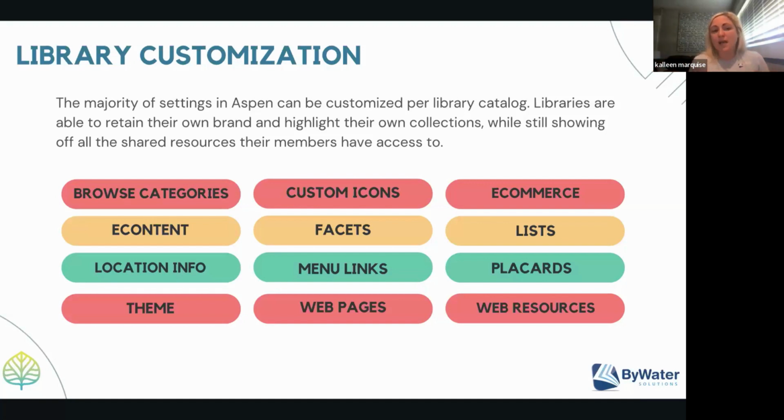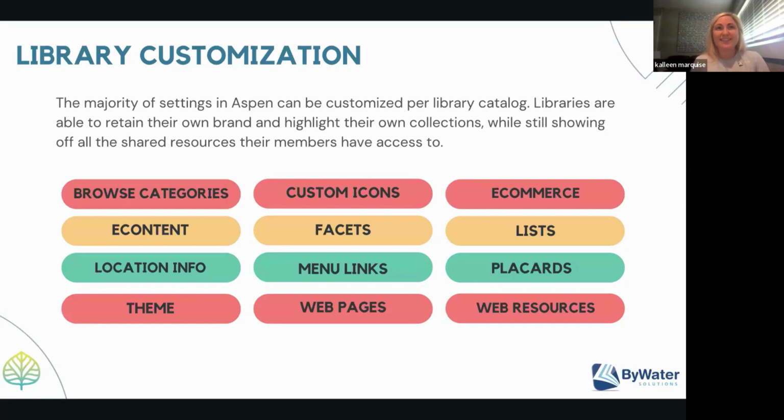Things like browse categories, the theme, different e-content, and we'll look at that more in a bit. Obviously your branch and location information. So how do I get to this library? Different menu links and things that you want to feature for your resources. There are different staff lists that you can have within your own individual library catalog.